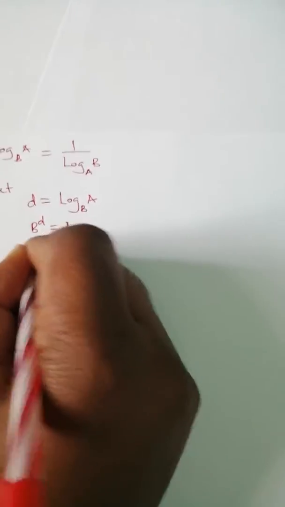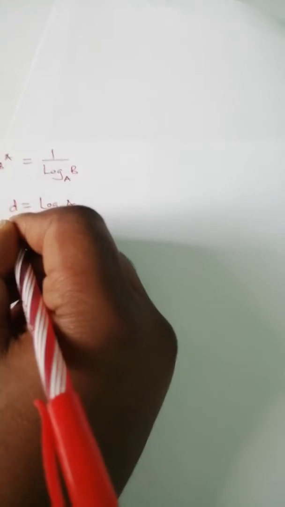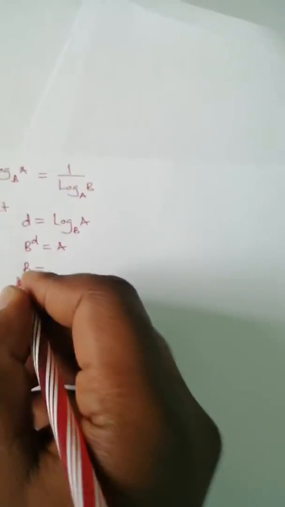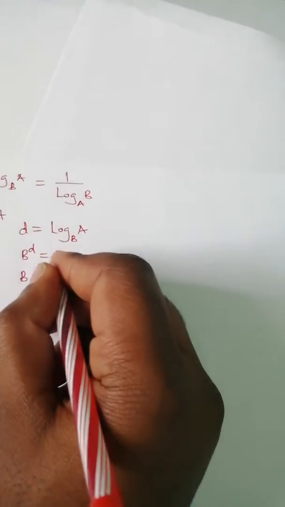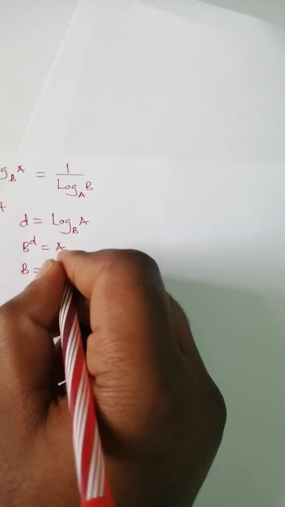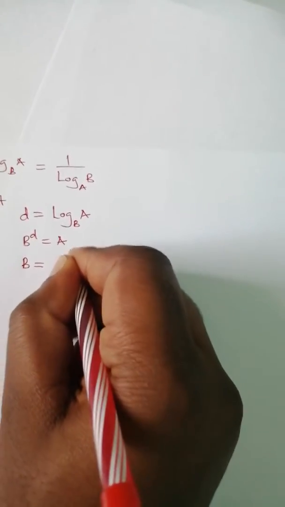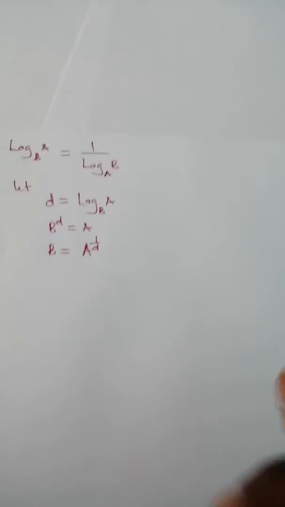Then from that point, if you find the d-th root of b^d, you get b. What you do on this side, you must do on the other side. So it will be a raised to power 1 over d.